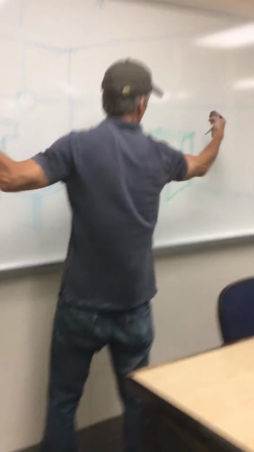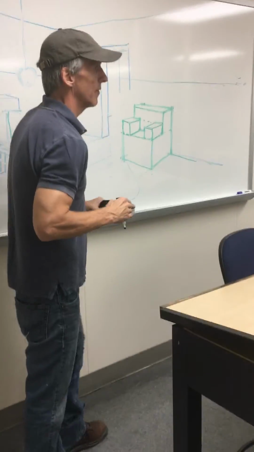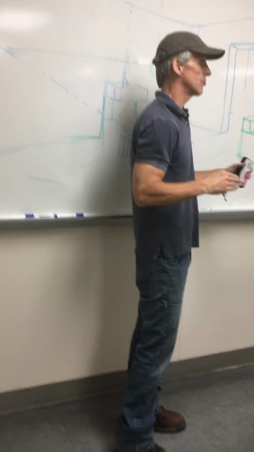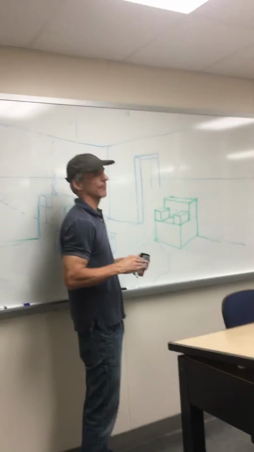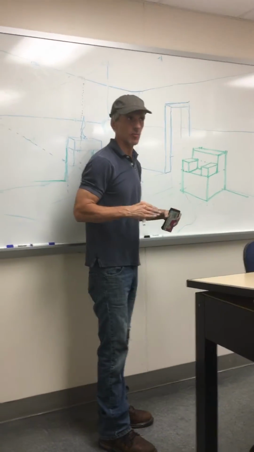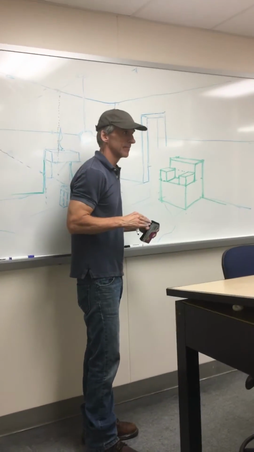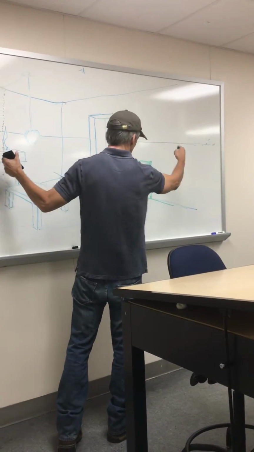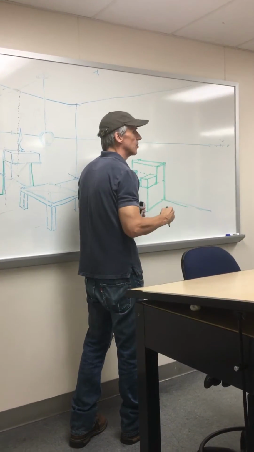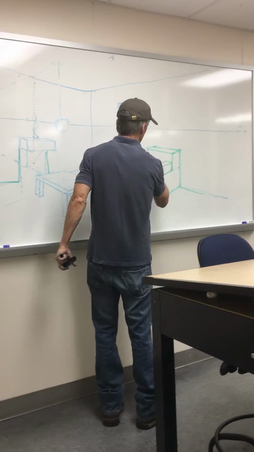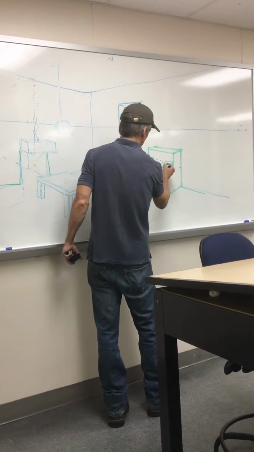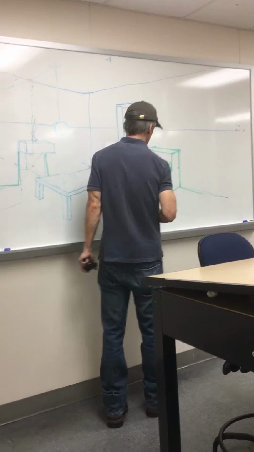So the structure has provided you the opportunity to see things in your drawing that you wouldn't normally see, because your logical brain would get in the way. Even though this is logic, you're just obeying some structure. I couldn't even conceive of this little space in here before adhering to all these things.